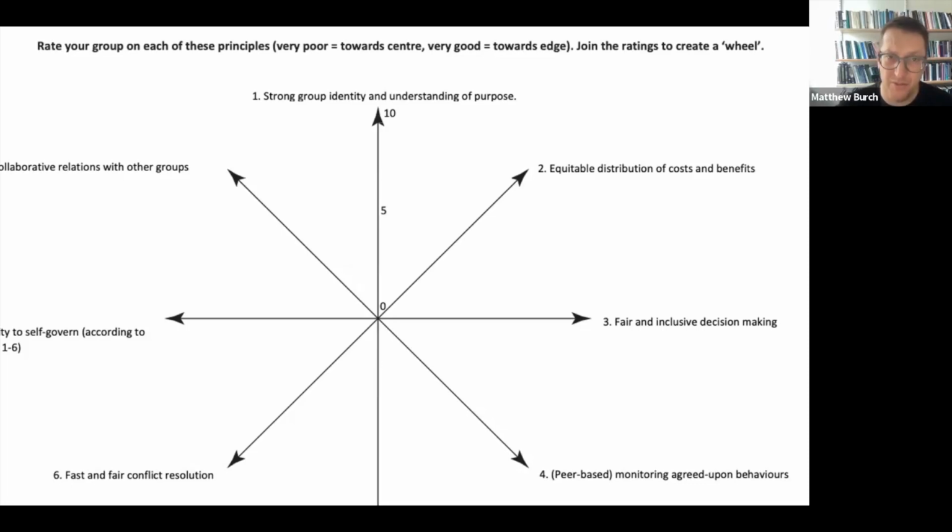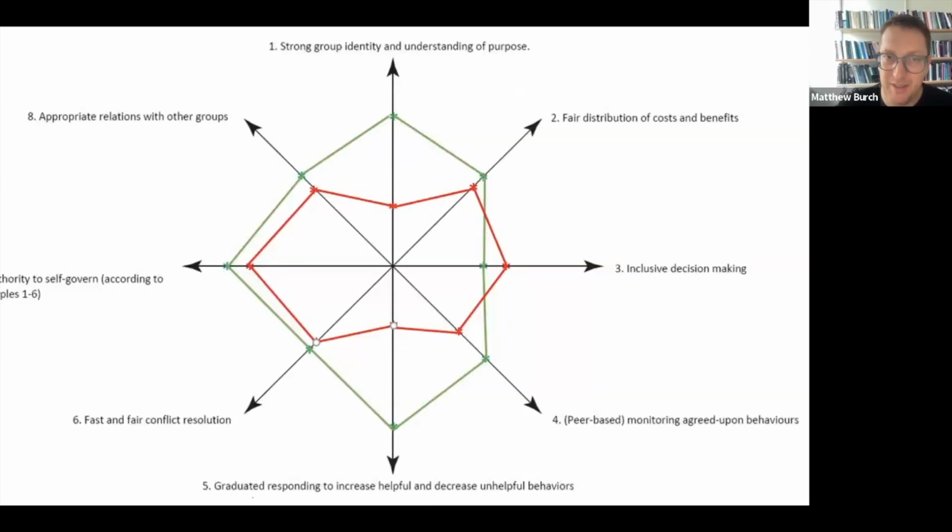And so what I think you should do is have each member of the group fill this out themselves. And so have them draw a dot on each line, measuring how well your group did at managing the different 8 principles or satisfying the different 8 principles. So here's an example of how 2 different people might fill out this questionnaire after doing group work together.